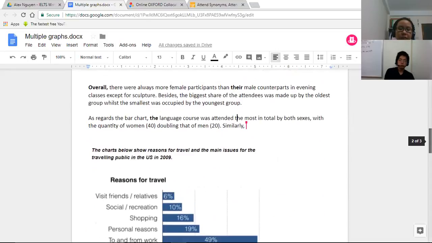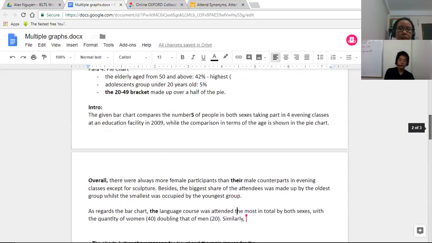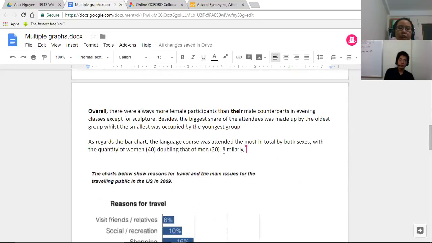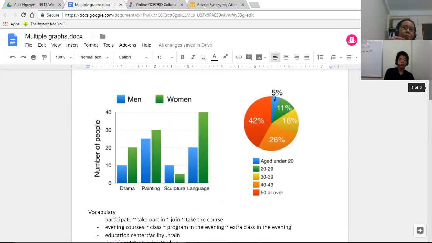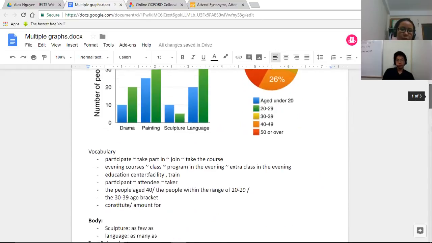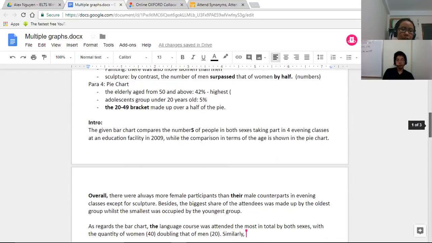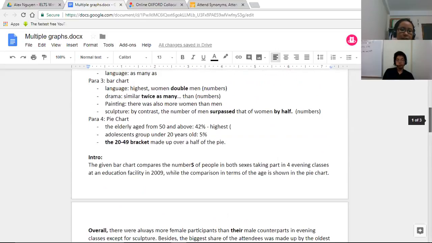You like to use it, right? Similarly. Okay, similarly. Yeah. It's short, but it's very powerful. Similarly. What about the structure we have thought about here?